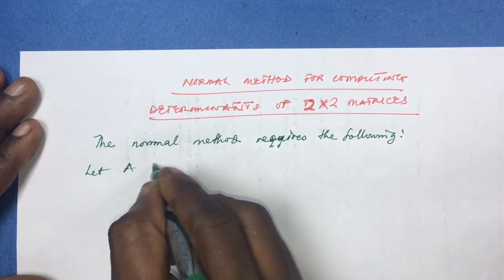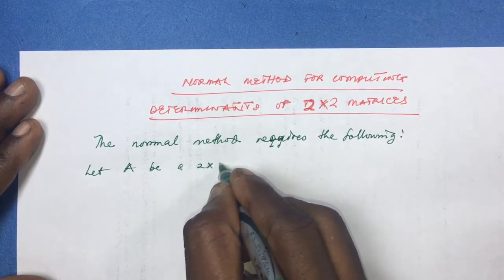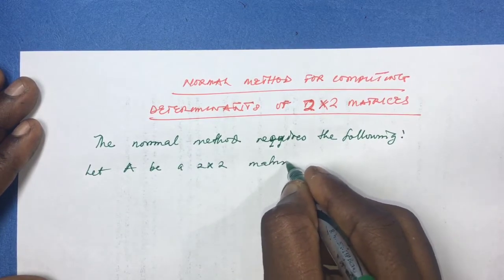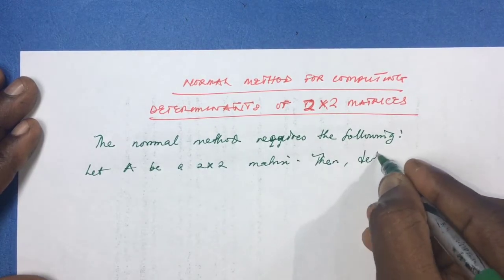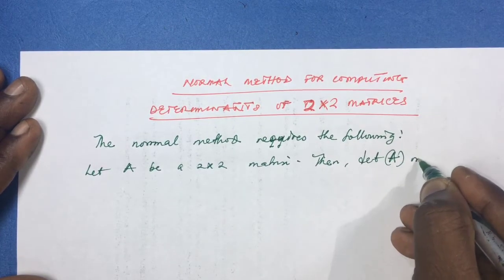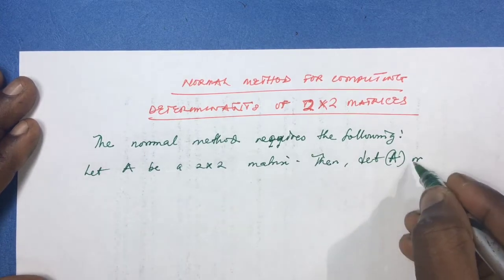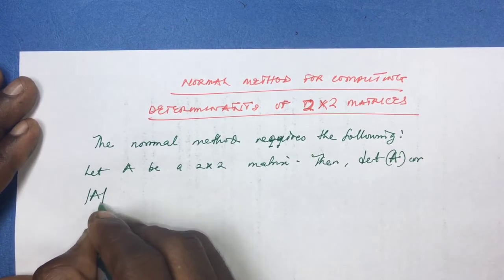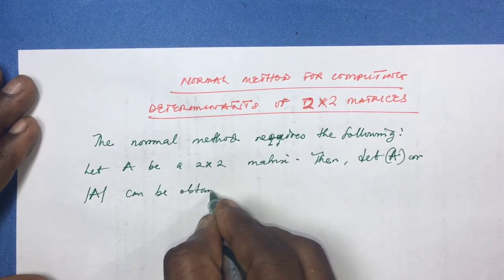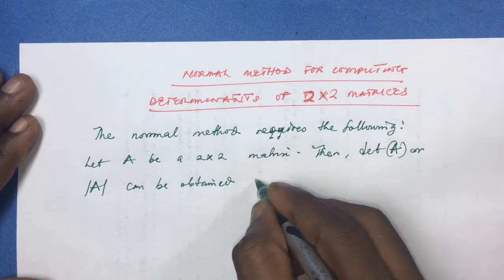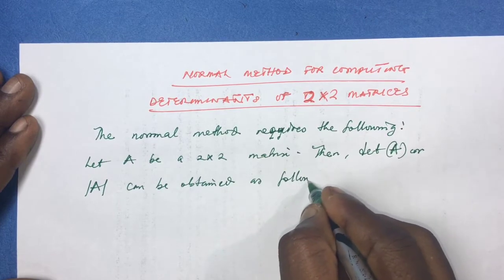Let A be a 2 by 2 matrix. Then det A, or the determinant of A, can be obtained as follows.